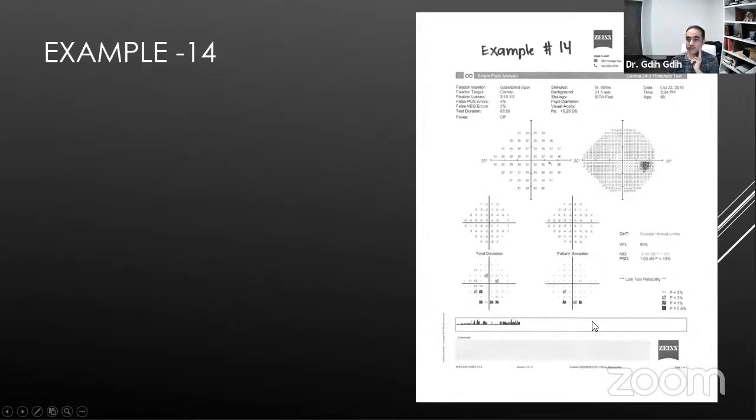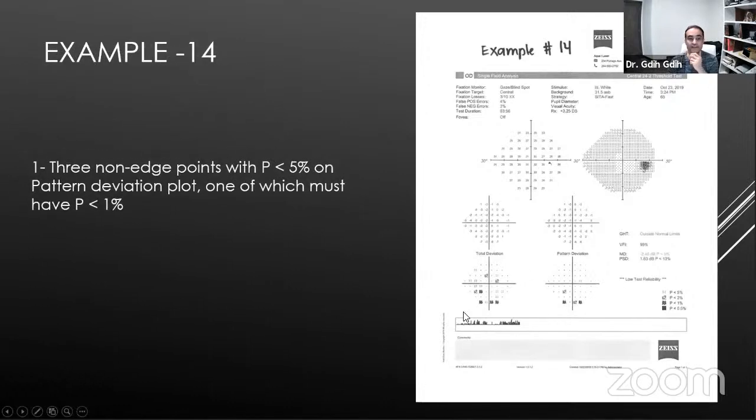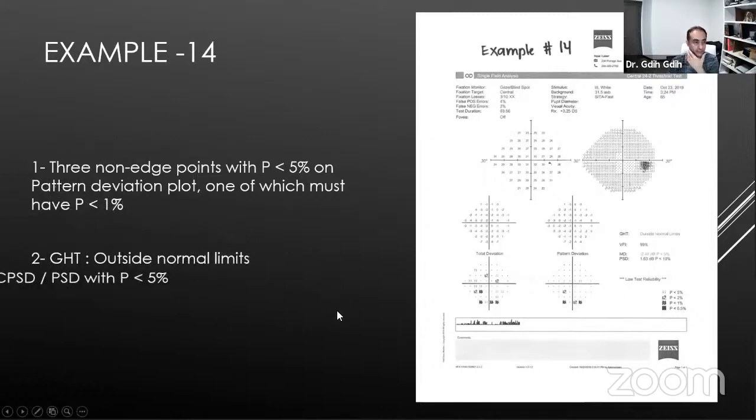Okay, let's look at this one. Do we have 3 non-edge points? We have 1, 2, 3 edge points, so we cannot count them. We have 1 single with nothing around it, and 1 single there, nothing around it. So we don't have a number; 1 is missing.